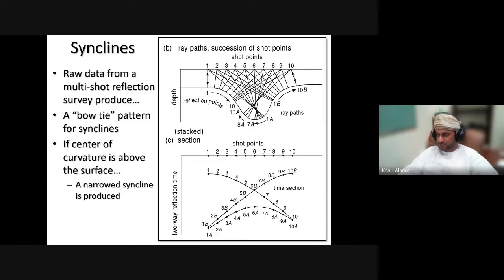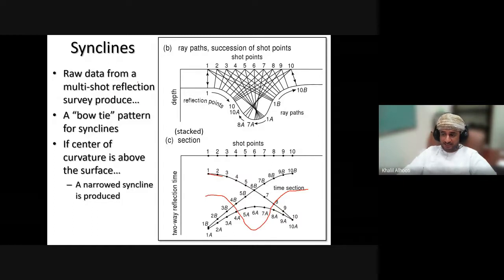So in time section, after stacking the data, you will receive such a structure, which is totally different than the structure we see here, the geologic structure. It's not in any way close to this real section I see. That's the real section.